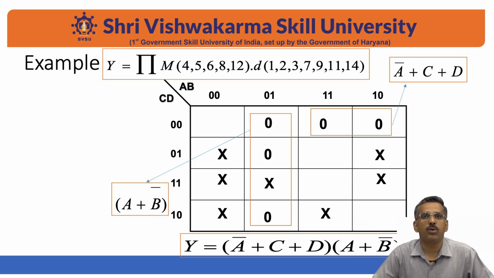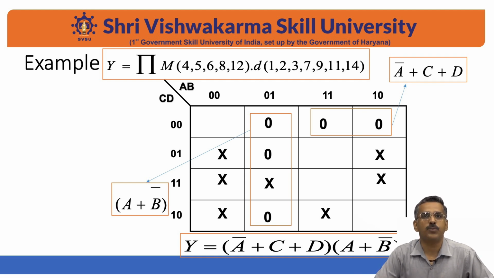In the second grouping, we are looking the value of C and D is not changing while the value of B is changing from 1 to 0. So the expression of this second group will be equal to A bar plus C plus D.